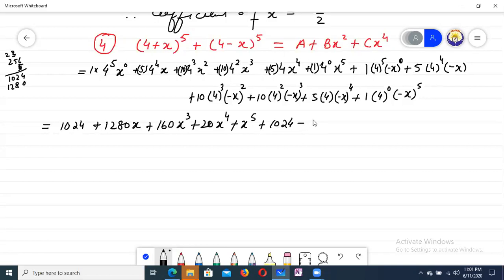Here minus 1280 x. Then this one, 4 cube is 64, 64 into 10.